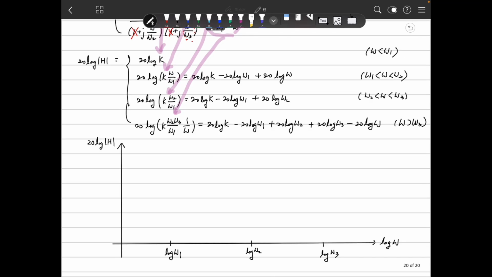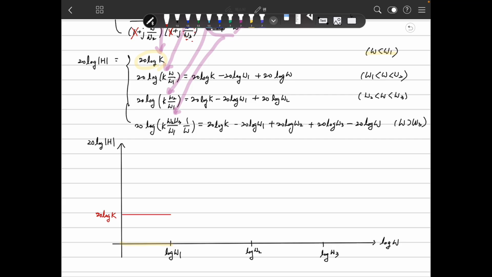In this area we have constant values. This is 20 log k. So we can draw it in this way here.